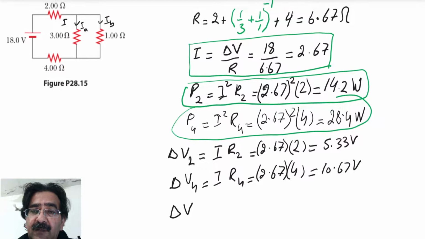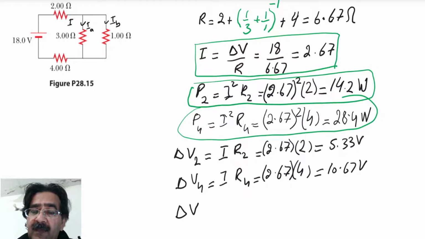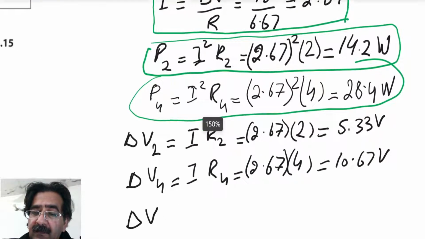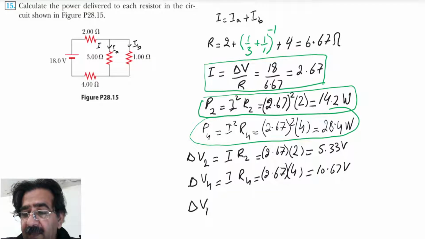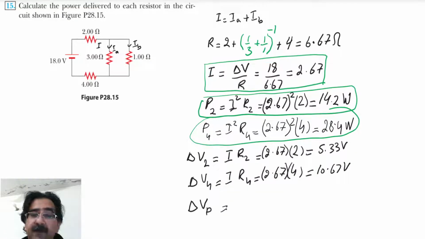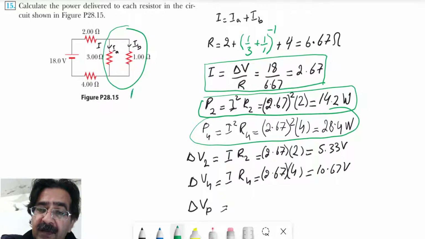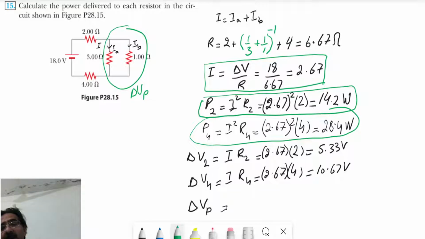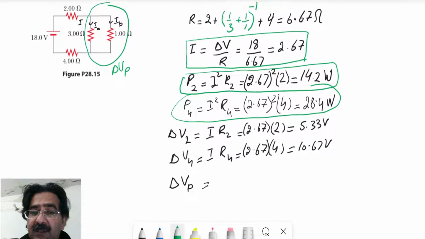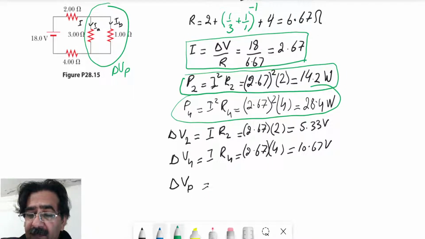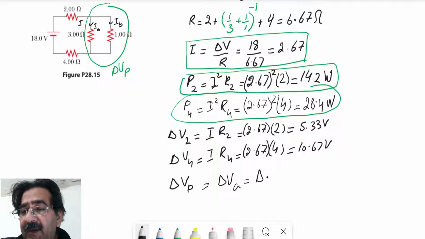Okay, the voltage drop across the parallel part, delta Vp, is the same for delta Va and delta Vb, because that will be the final voltage.